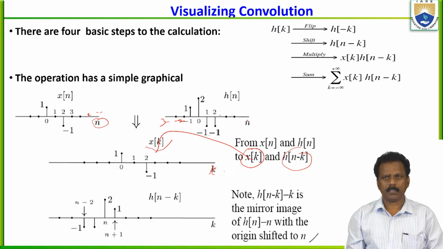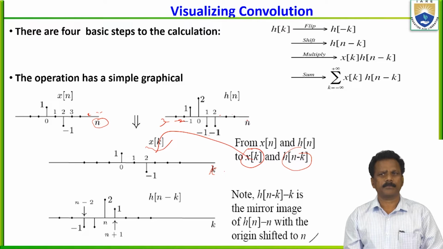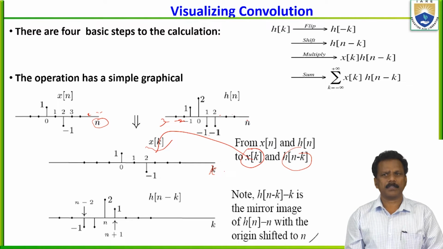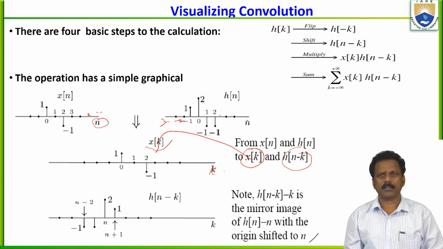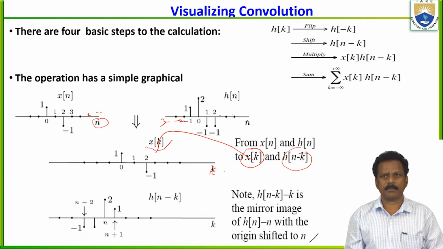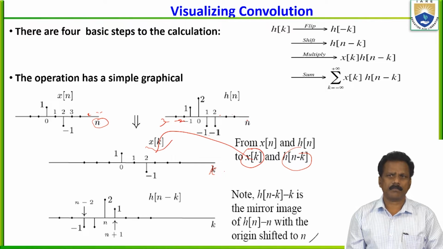So the operation has a simple graphical representation with x of k times h of n minus k. Note that h of n minus k is the mirror image. How are we verifying that mirror image? By using the basic steps of the calculation, h of k, flip, shift, multiply and sum, the operation has a simple graphical representation. It depends upon n versus x of n and n versus h of n, from x of n and h of n to x of k and h of n minus k.